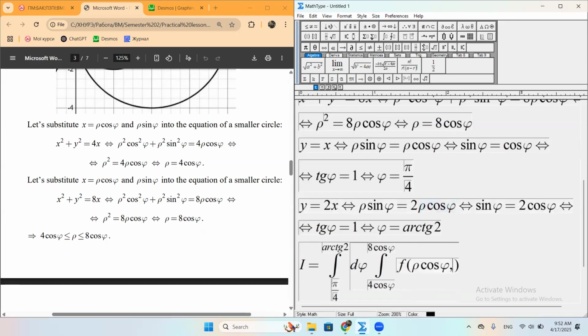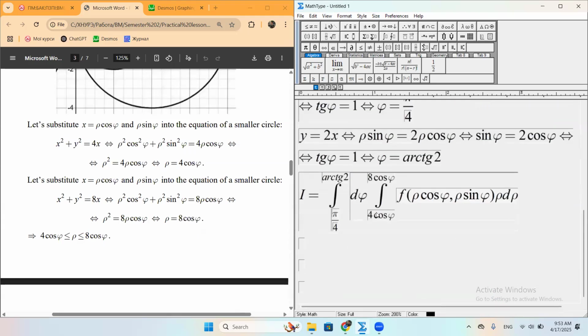And again, substituting our function that we don't know. And also don't forget to multiply by rho. Don't lose it. Be attentive. So this is the final answer.